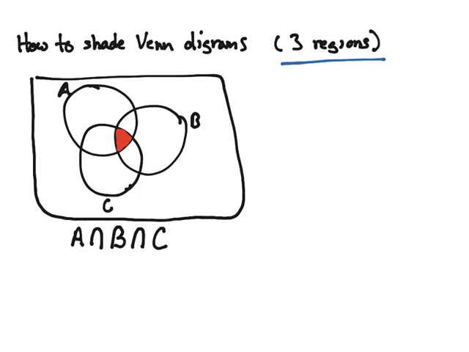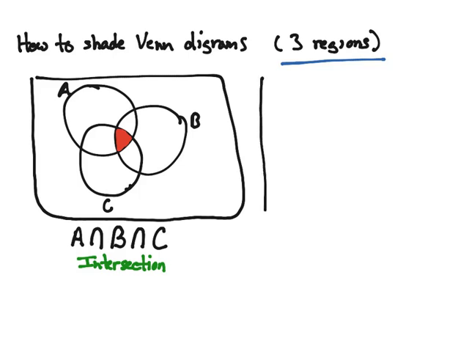That is the only location where all 3 overlap. That is the only area where those 3 circles will overlap in that one spot. And that's what intersection is. So remember, this is intersection.